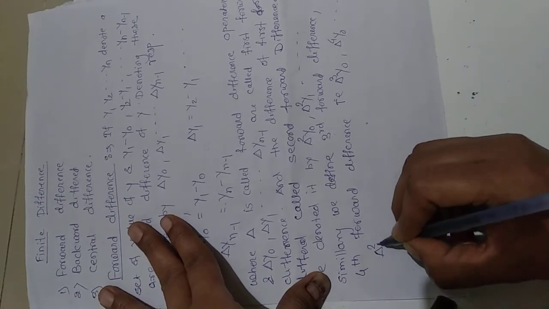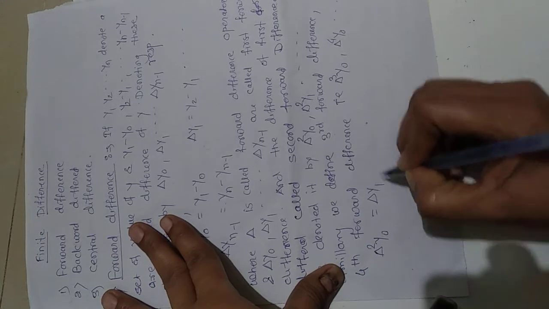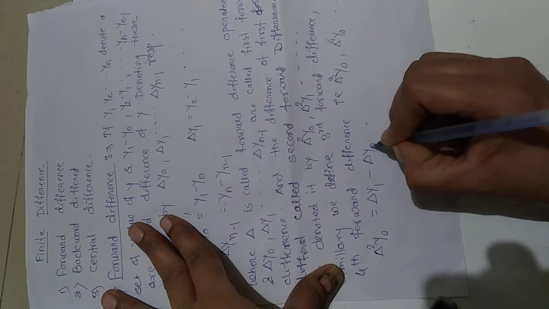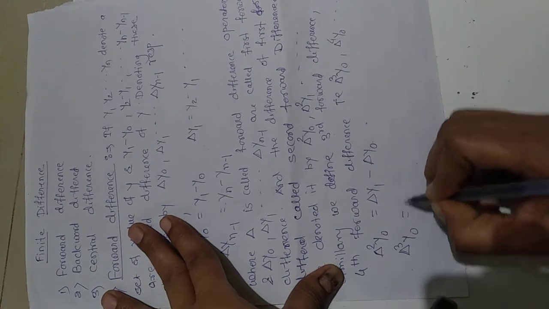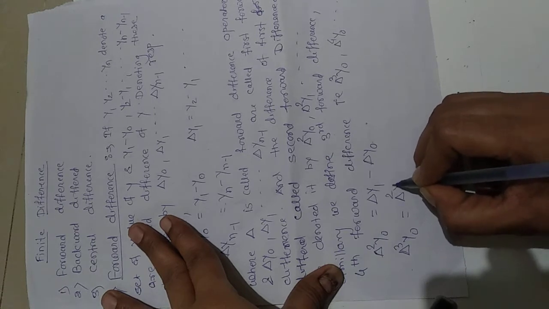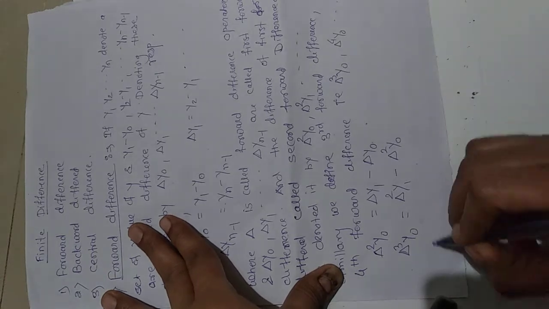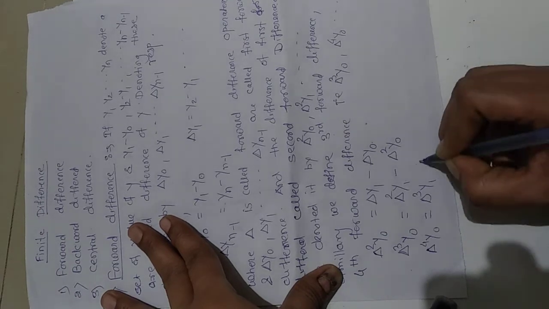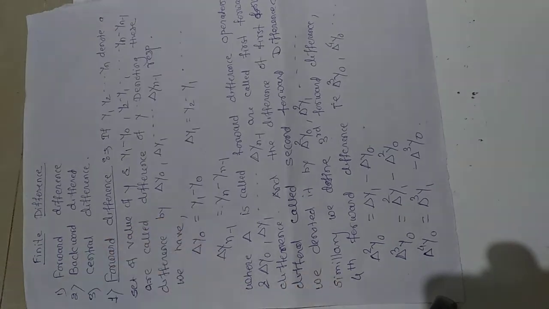Del square y0 is equal to del y1 minus del y0, del cube y0 is equal to del square y1 minus del square y0, and del raised to the power 4 y0 is equal to del cube y1 minus del cube y0.